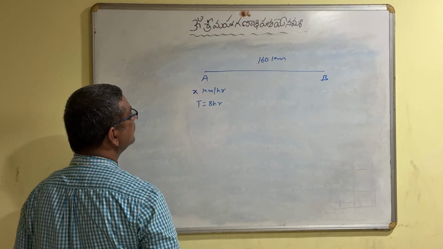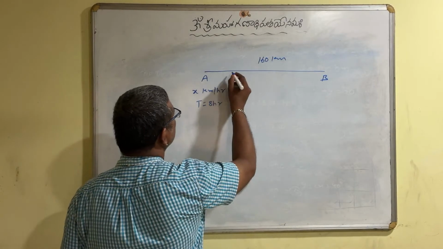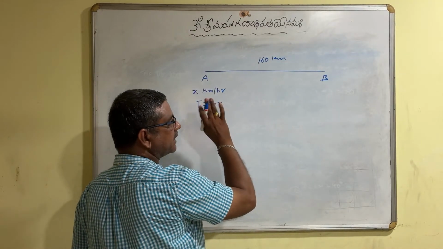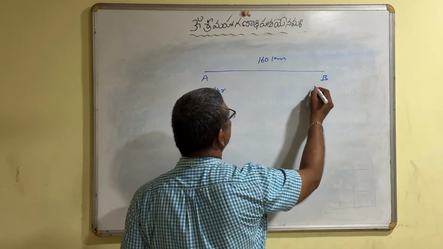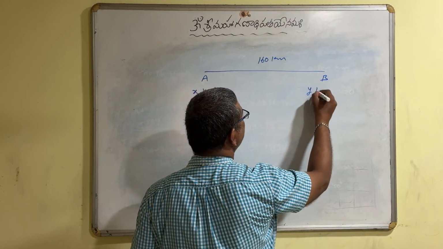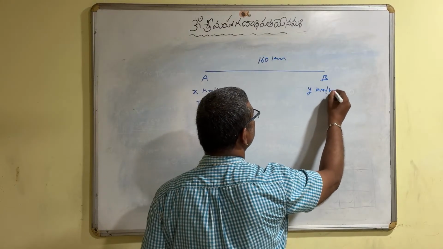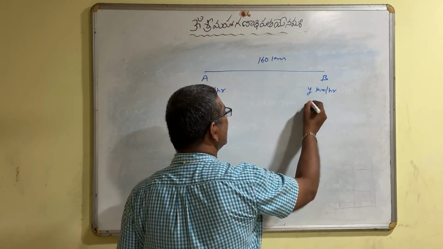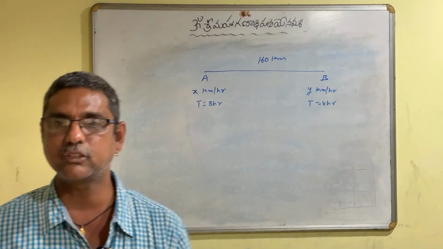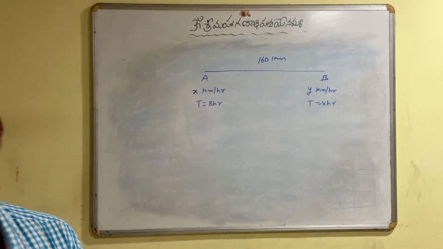Keep that one in the mind. And here also, another car starts from B whose speed is y kilometers per hour. And here also journey time 8 hours.